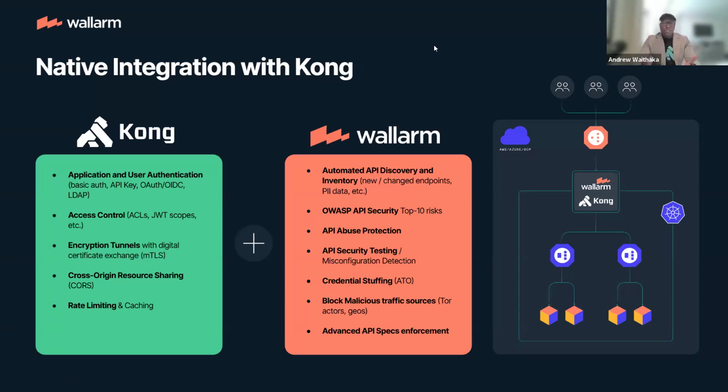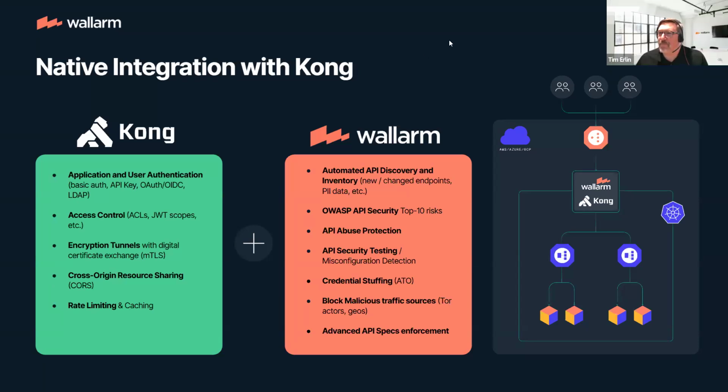But beyond that, our customers are now able to take advantage of the broader Kong portfolio. For example, WallArm does the automated API discovery. Eventually, those APIs can be protected by Kong, but over and above that, as part of the Connect platform, which Kong is part of, those APIs can begin to get added to other applications, such as the service catalog, which is something a lot of our customers typically use to centrally manage all APIs in an organization. So this integration really works well.